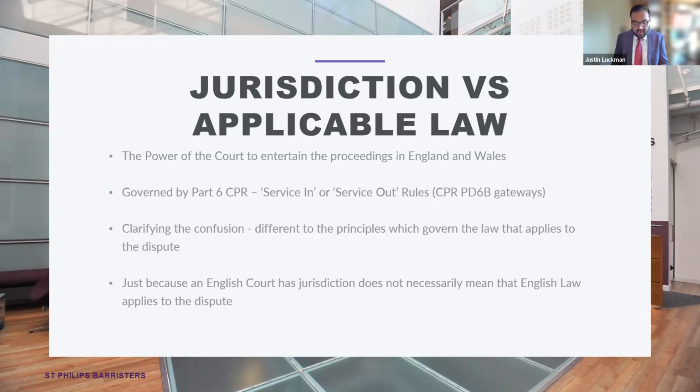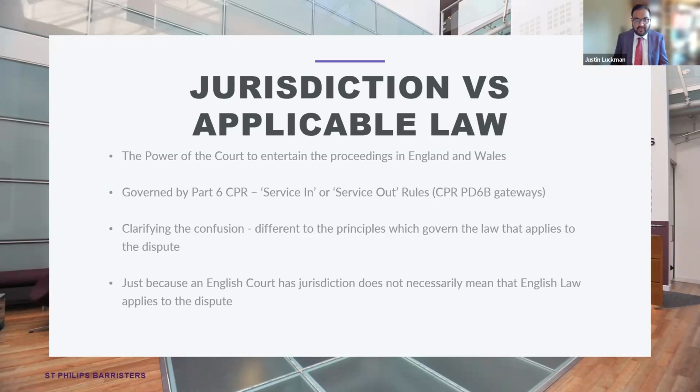So whether or not there's a good arguable case that the claim falls within one of the service out gateways under CPR Practice Direction 6B, whether there's a serious issue to be tried on the merits, whether the English courts are the proper place in which to bring the case, i.e. forum conveniens. And then there's an ultimate discretion that the court applies at the end to determine whether or not it should hear the case.